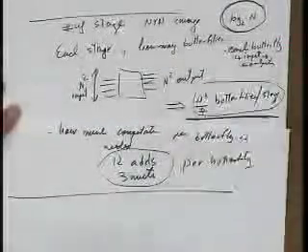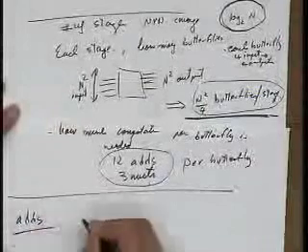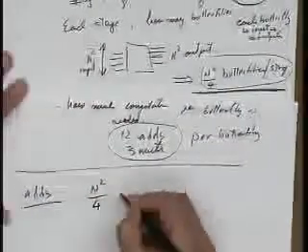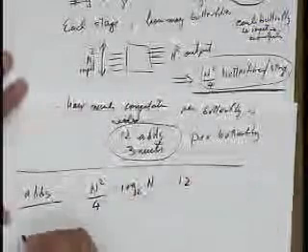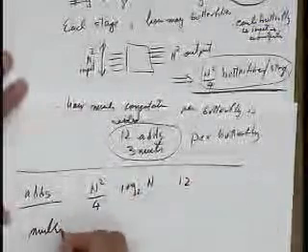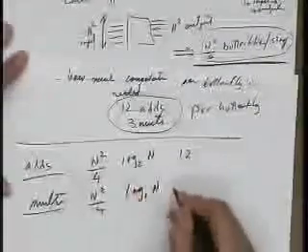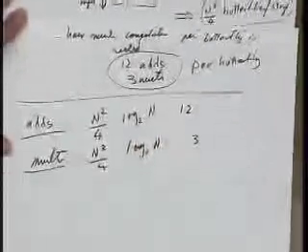So multiplying all of these things together, the number of adds is n over 2 over 4 times log 2n times 12, and the number of mults would be n over 2 over 4 times log 2n times 3.